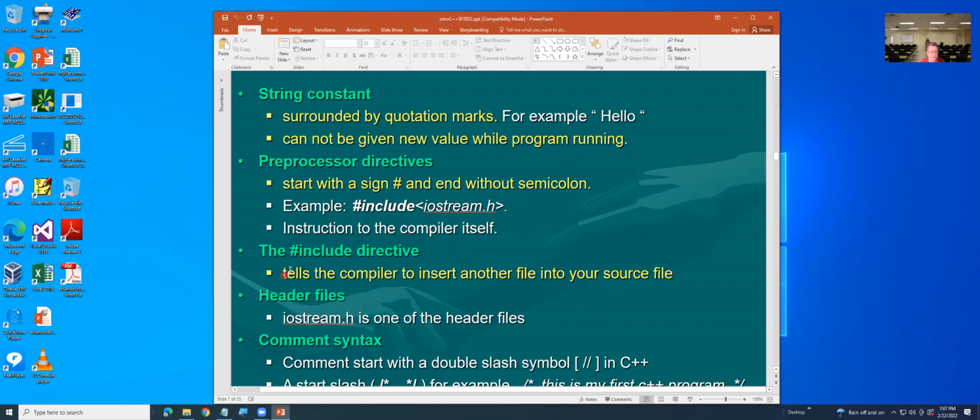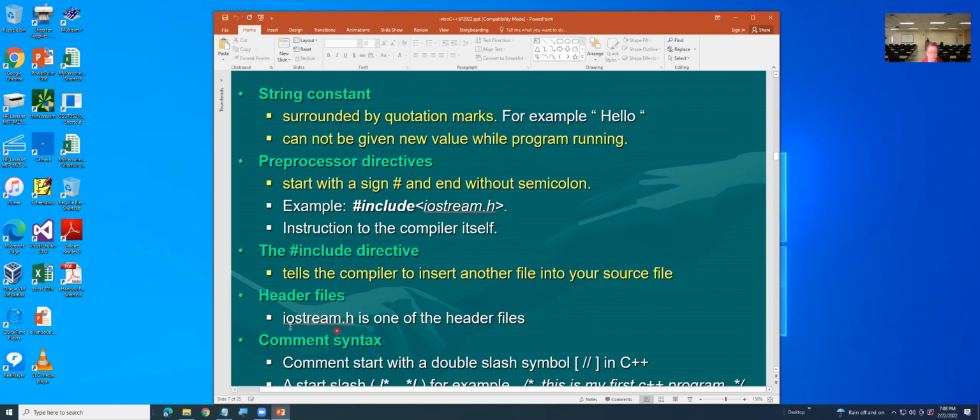Okay? The include directive tells the compiler to insert another file into your source file. This is what made me confused. The compiler inserts another file into your source file, that is confusing. Basically, the compiler will be loading that into the memory while your program is running.